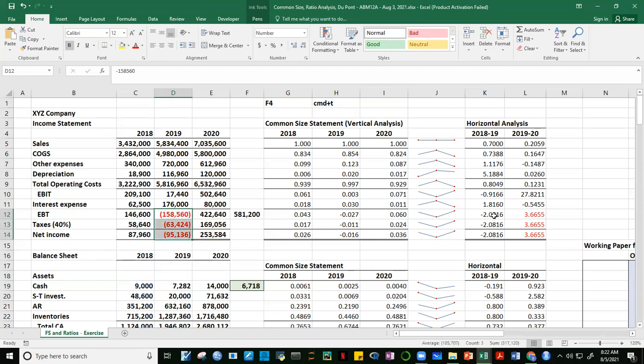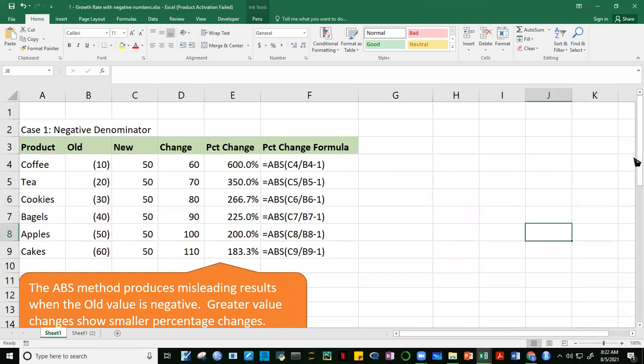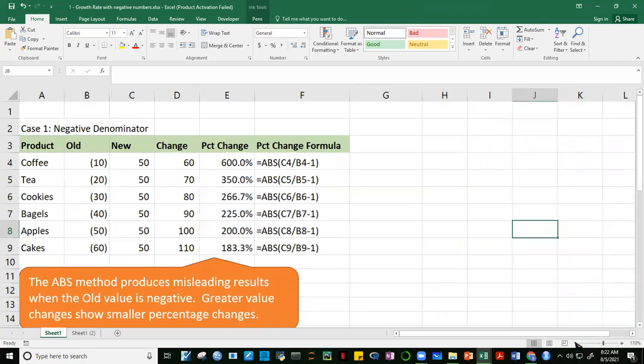Okay, medyo problematic, guys, tong ratio natin na to. Pati ito din, between 2019 and 2020, may problem din tayo kasi pag may negative dito, guys, nagkakaproblema sa ratios eh. Now, I'm going to say, nagkakaproblema sa horizontal analysis. Okay, I'm going to show you here an Excel file and just explain quickly why that is the case.